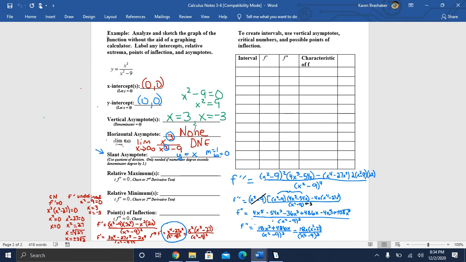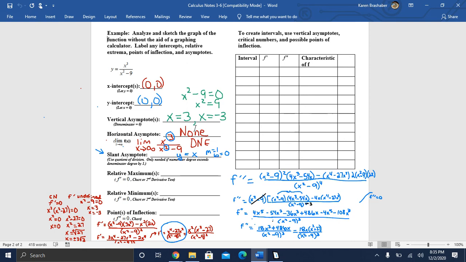And so again, I think you have space off to the side, but I need some space off to the side. So I'm going to do your possible points of inflection by setting f double prime equal to 0.